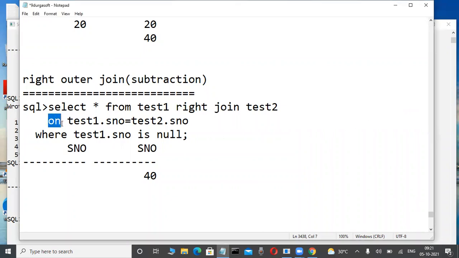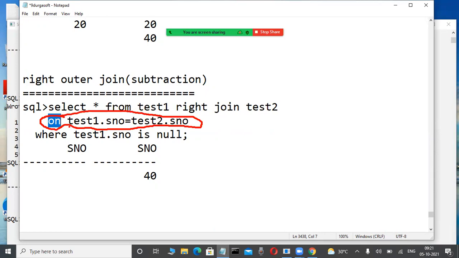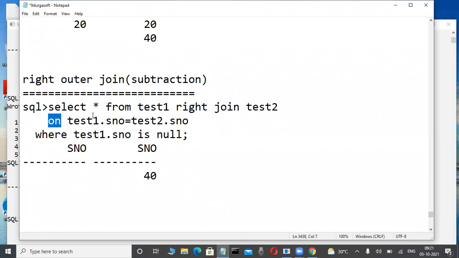In ANSI standards, joining conditions are written in the ON clause, whether in MySQL, Oracle, DB2, Sybase, Teradata, any database worldwide. This is the latest. But on the Oracle side, in olden days up to 9i, it was the where clause. Nowadays, in the ANSI standard, it is the ON clause.